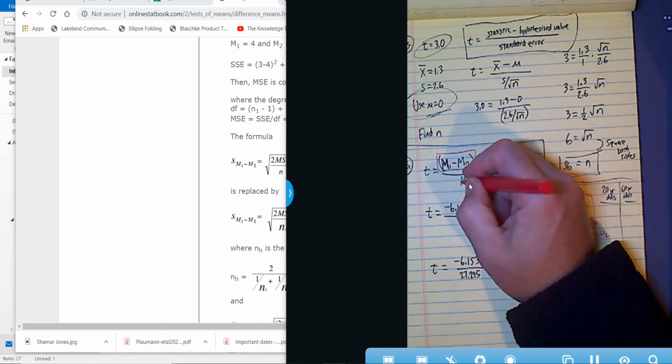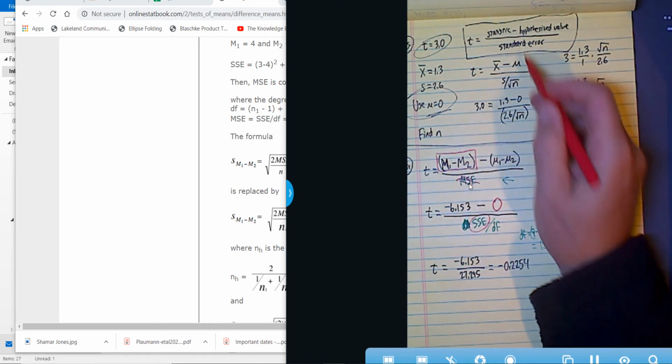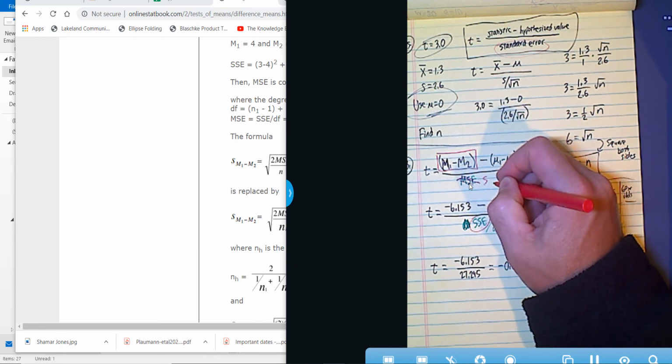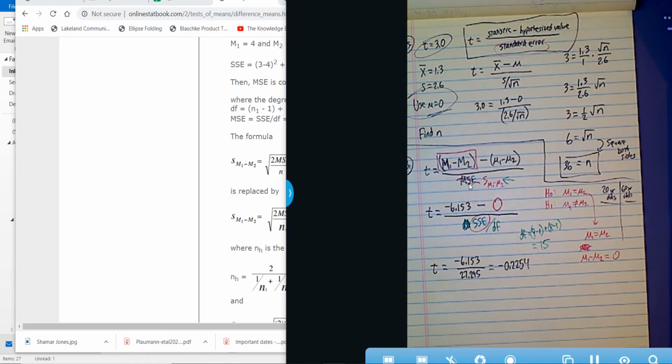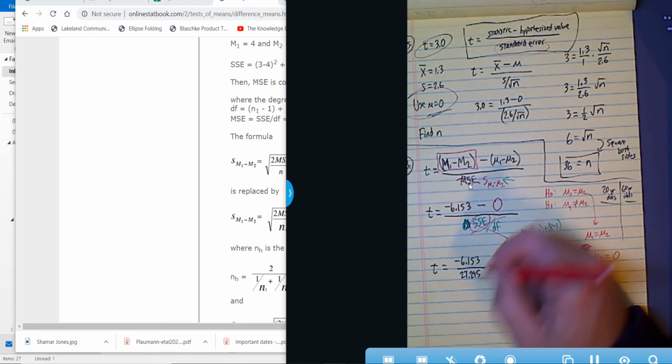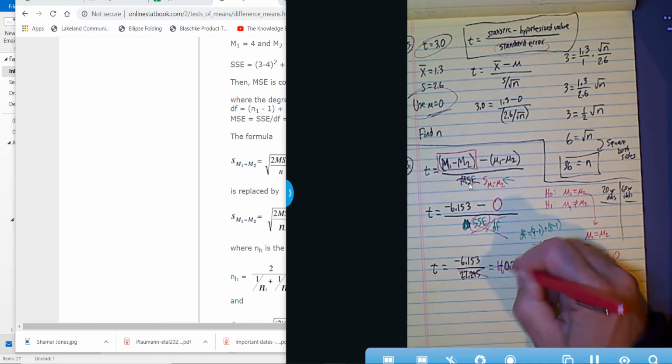We need MSE to compute it, but again, this is the standard error. So we could write this as the standard error of the difference of the means, right? And so the standard error of the difference of the means comes from this, but that's not the exact formula. So this 27 is not right.